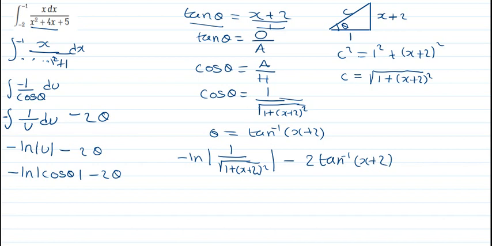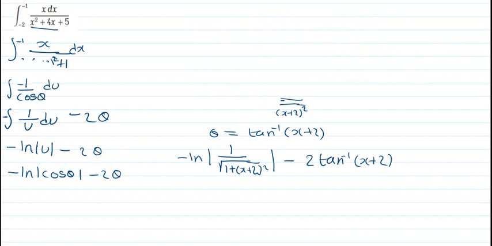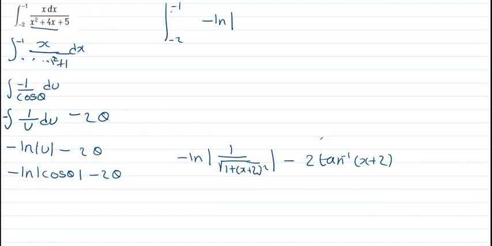Now after that, we can simplify our work and put the limits. So applying the limit, since we are told that the limit is from negative 2 to negative 1, we are going to say negative natural log of the absolute value. I'm going to put the upper limit first, which is negative 1.